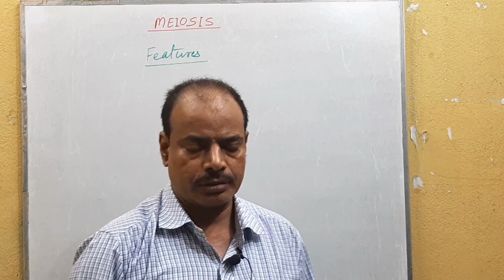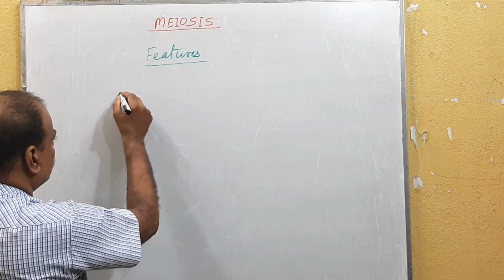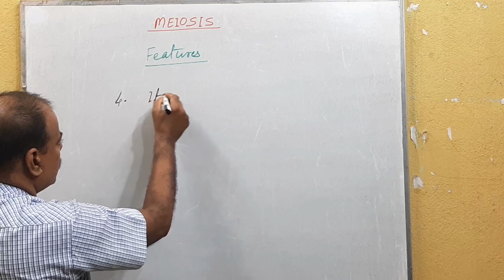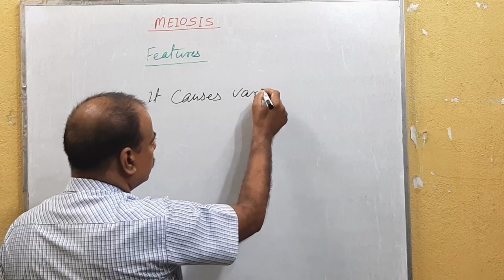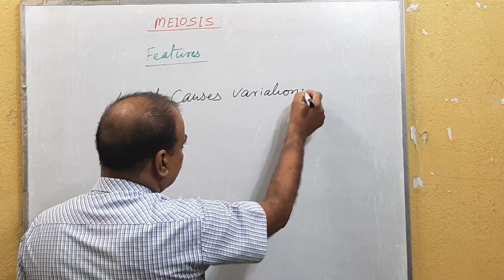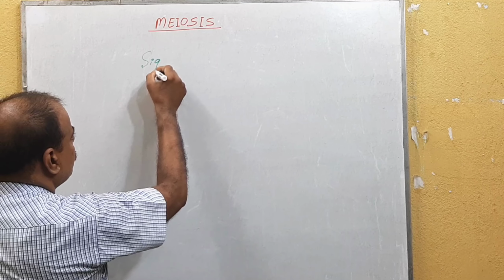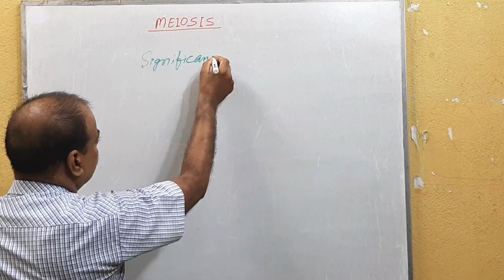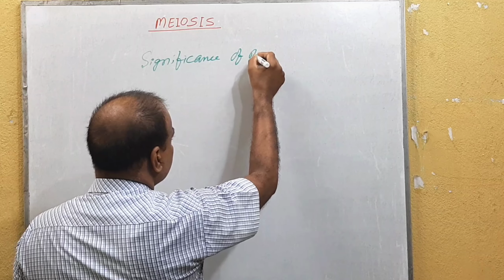Now, the fourth feature is that it causes variations. Significance of meiosis.